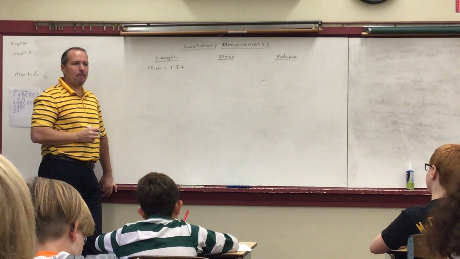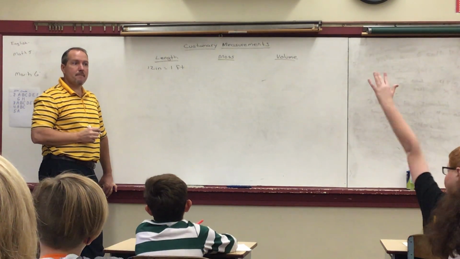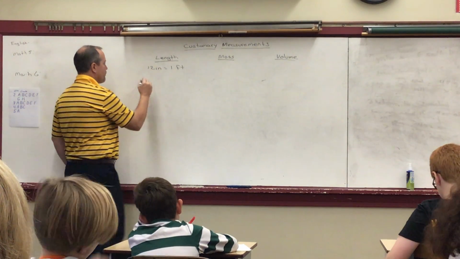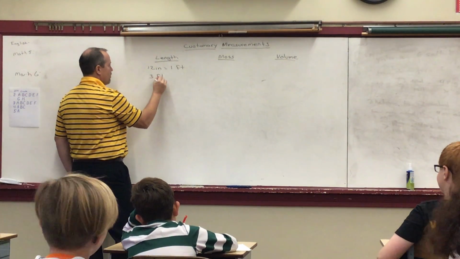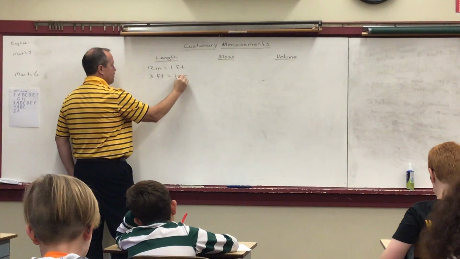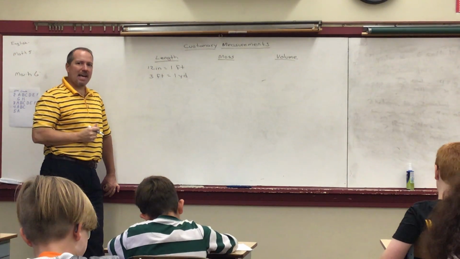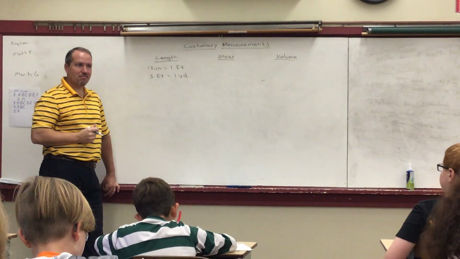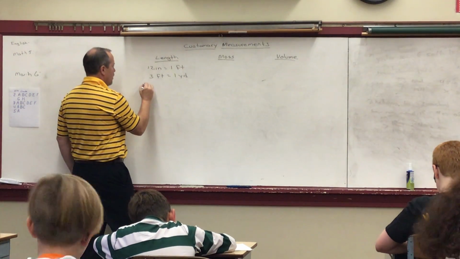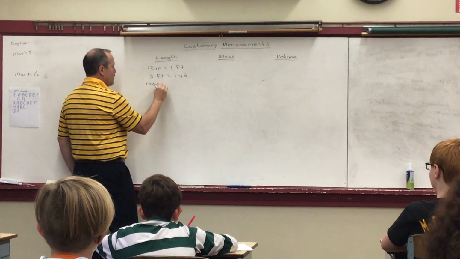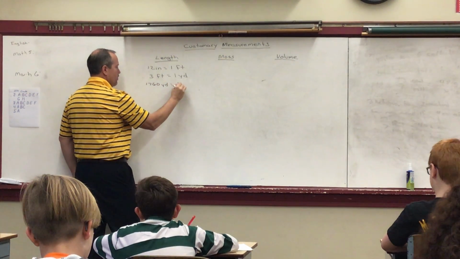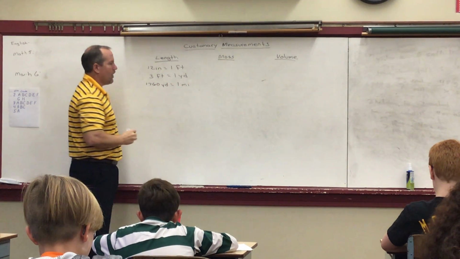After feet come what? Yards. 3 feet equals 1 yard. After yards comes what? Miles. 1,760 yards equals 1 mile.